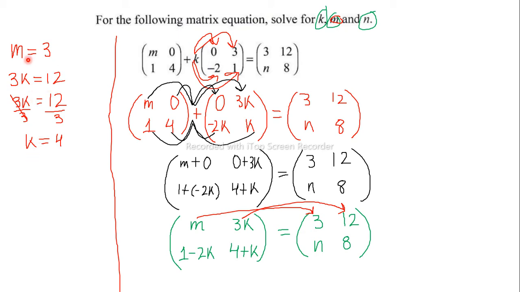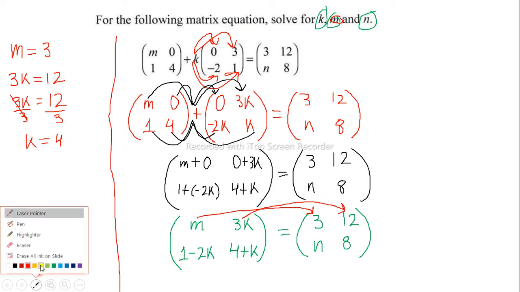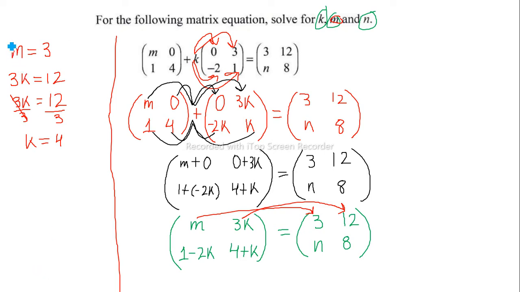So we have found out what m should be. m must be 3 to ensure that these two matrices are equal, and k must be 4 to ensure that these two matrices are equal. So m is 3, k must be 4.